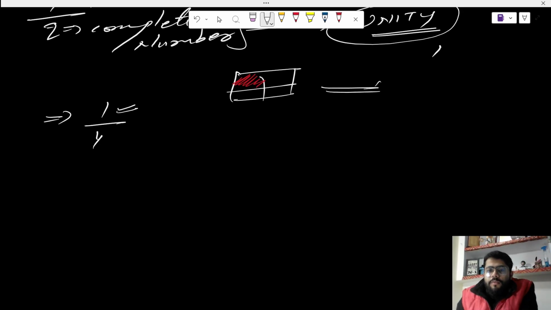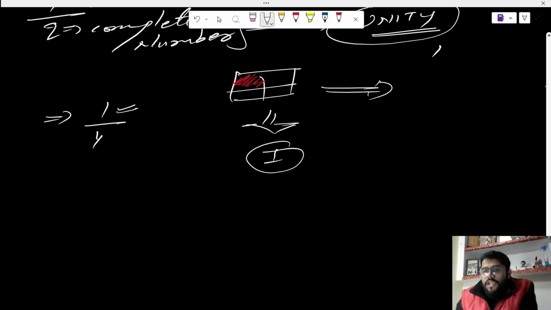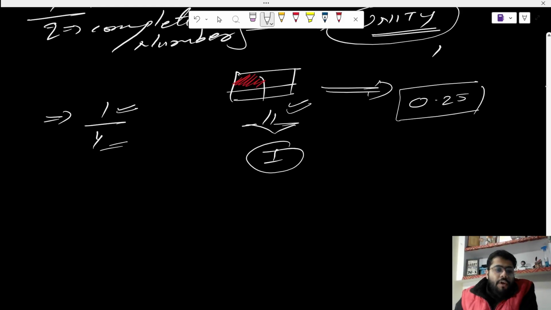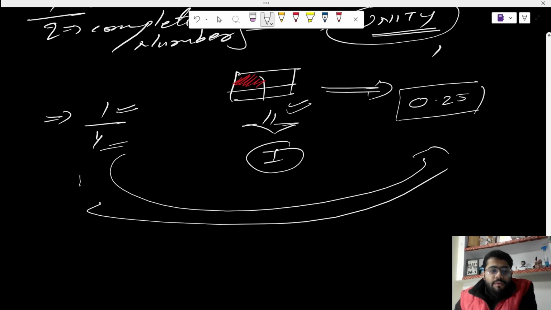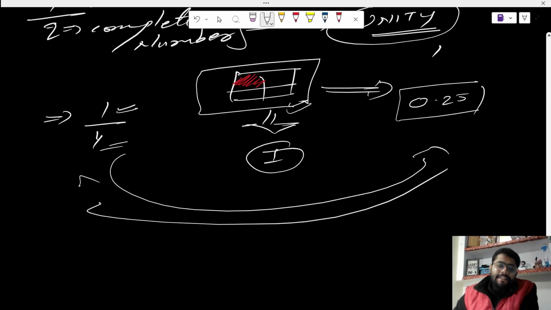Now if you have to represent it in decimal format, this complete object is assigned as unity, and 0.25 is the value representing this physical quantity. So 1 by 4 can also be written as 0.25, and 0.25 can also be written as 1 by 4. Both of them represent this physical existence.